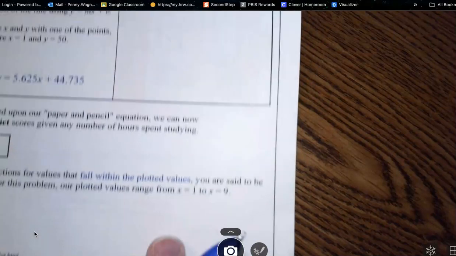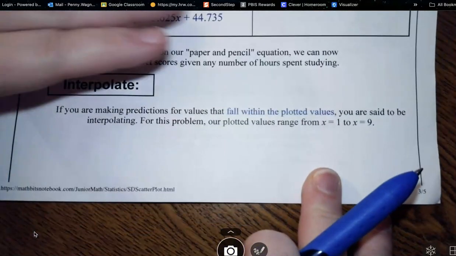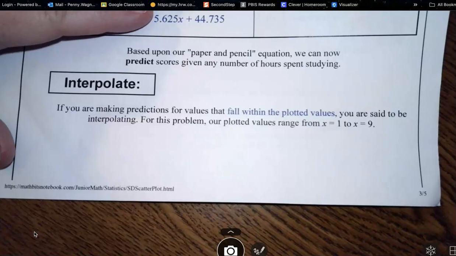When we're predicting, we can find different information, and there's two types. There's interpolate, and that's when you're making predictions for values that fall within the plotted values.